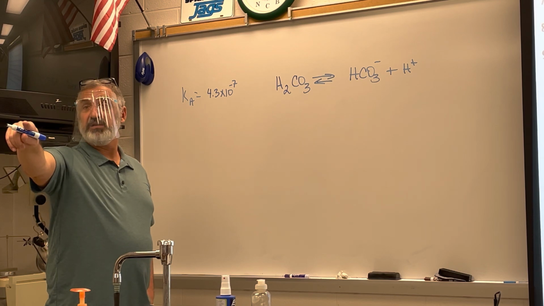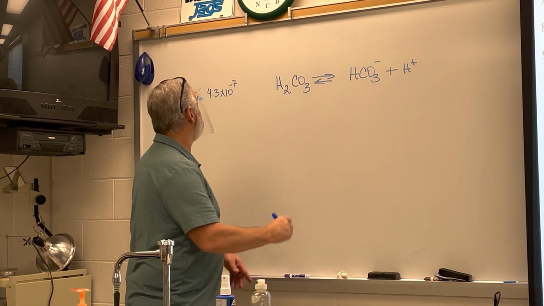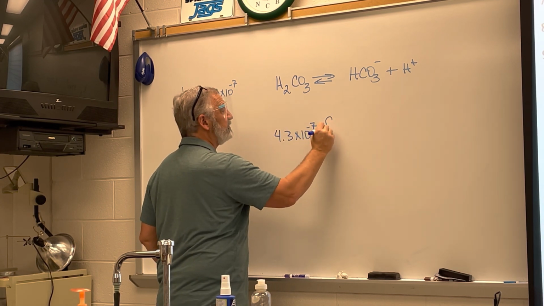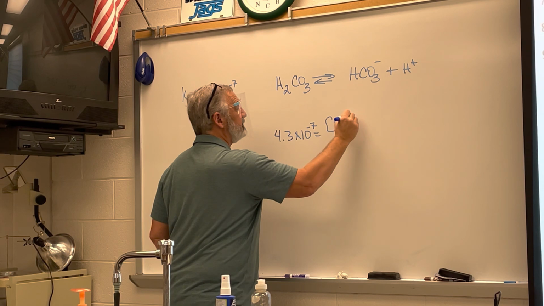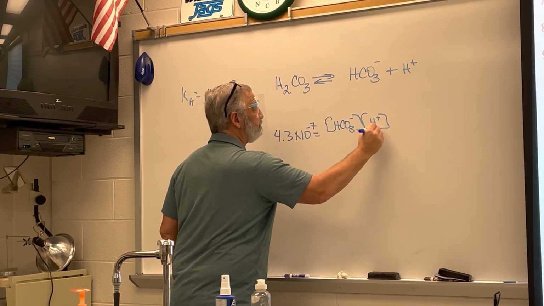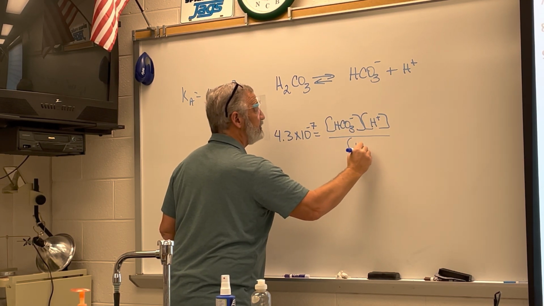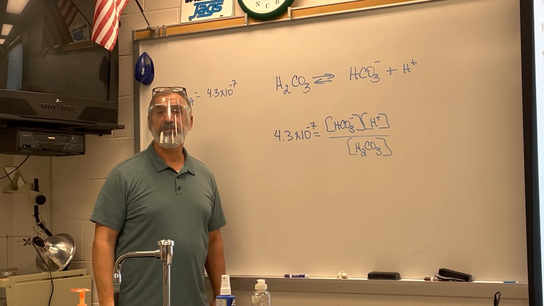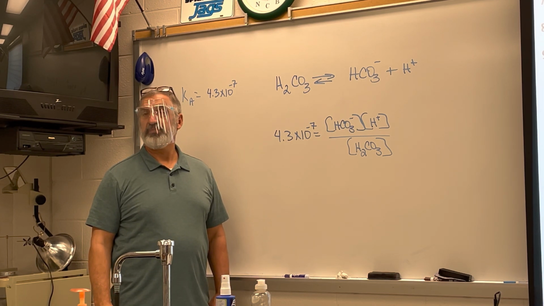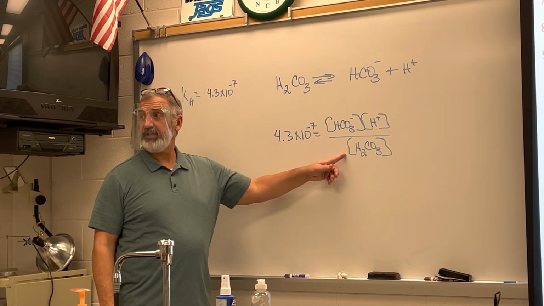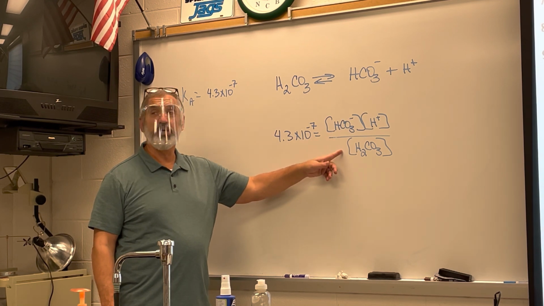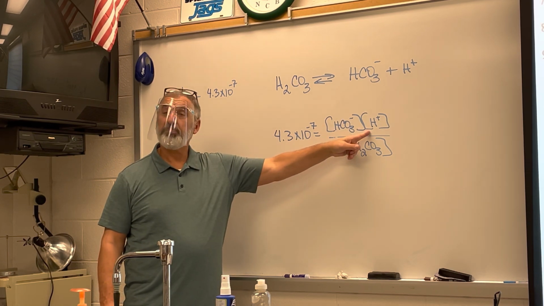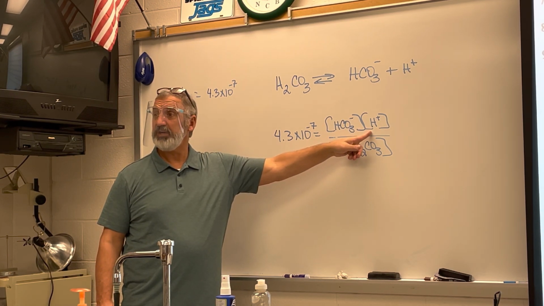It's the H plus concentration, so Ka, 4.3 times 10 to the minus 7, is equal to HCO3 minus times H plus all over H2CO3. So what's the question asking? It just wants this ratio, right? What's the only thing I need to know to find this ratio? H plus.